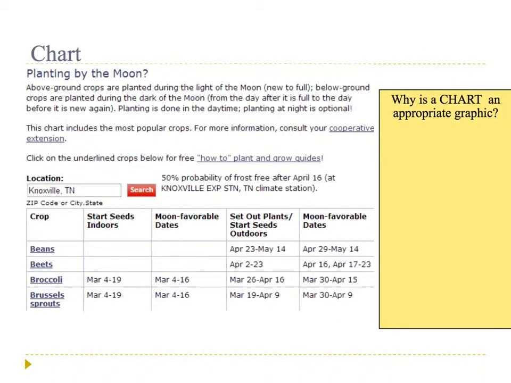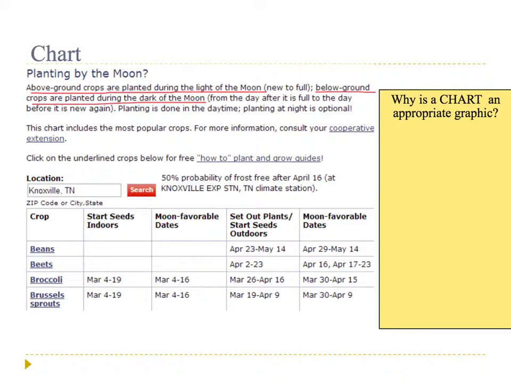Okay, so here we have a text, and I want to know, why is a chart an appropriate graphic? This text talks about planting by the moon, and it talks about above ground crops that are planted during the light of the moon versus below ground crops that are planted during the dark of the moon. And it talks about when you should plant those.